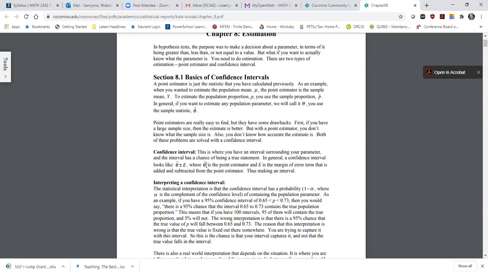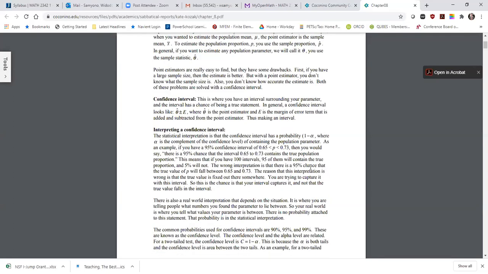Where θ-hat is the point estimator and E is the margin of error. The margin of error term is added to and subtracted from the point estimator, and then you can make an interval.